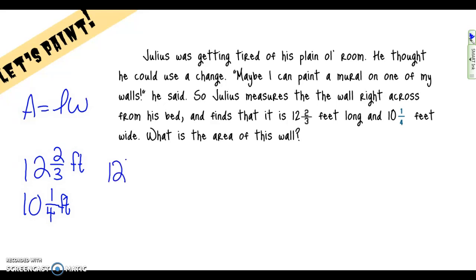It's going to be 12 2/3 times 10 1/4. Again, we're going to convert this into an improper fraction before we multiply straight across. I want you to try to do it on your own before you watch the rest of the video. So pause it now and solve it, and then share your answer with a neighbor and see if you got it right.